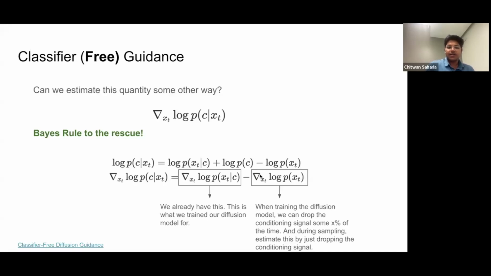So the way we can do it is that whenever we train a diffusion model conditioned on something, some percentage of time, typically 10-20% of time, we can just drop that conditioning signal during training. And that just lets the model learn this unconditional distribution as well. So it just becomes drastically simpler where we are just training a model and we just drop conditioning signals sometimes, and during sampling, we don't have to do anything anymore.